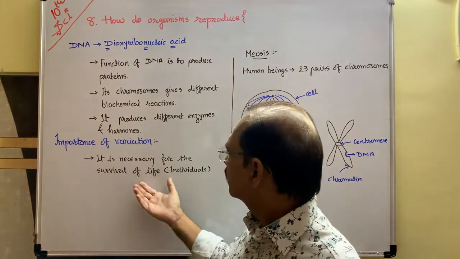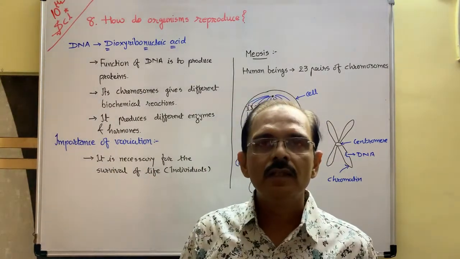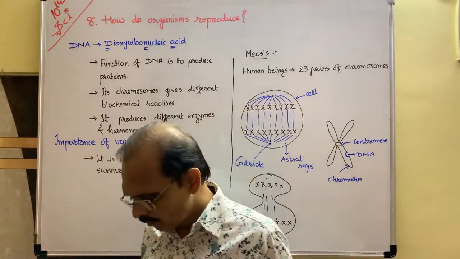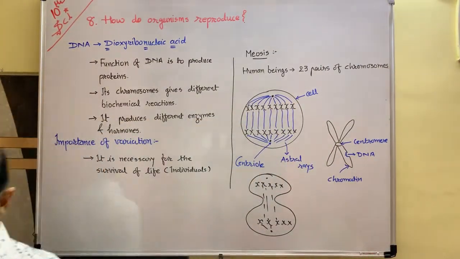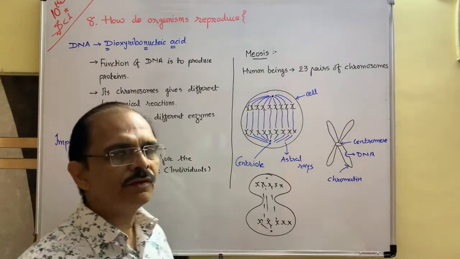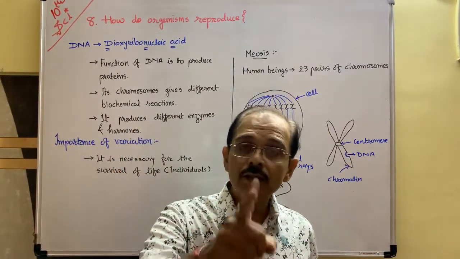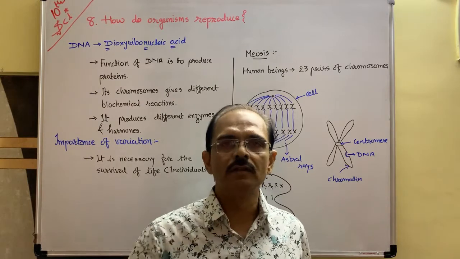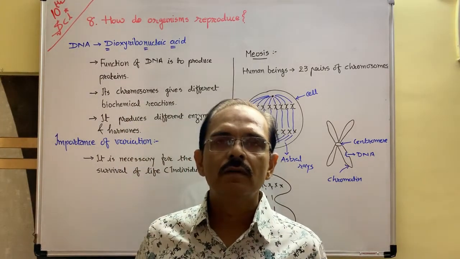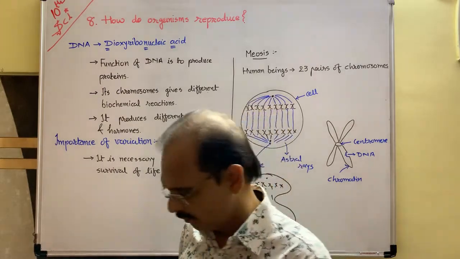So it is necessary for the survival of individuals, survival of life, survival against any diseases. Okay, now you can also say that variation is not beneficial for any individuals, but it is beneficial for generation.